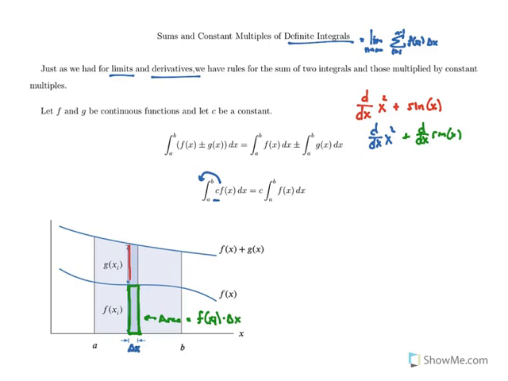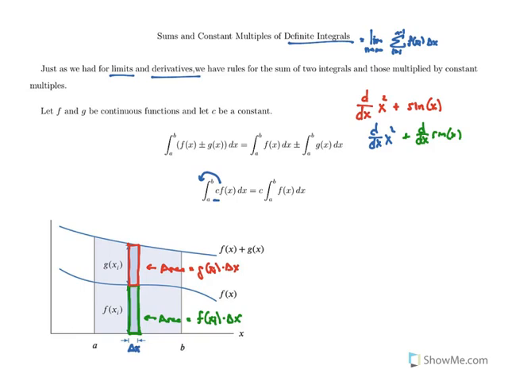Then the other rectangle is going to be adding the function g of x, so this area is g of x sub i times delta x. You can take both of those, add them together, and get the area of the sum, f plus g.